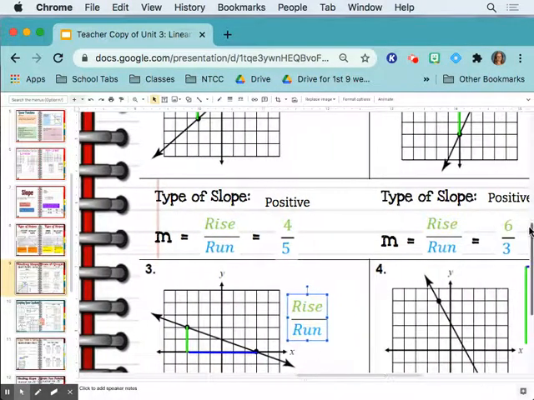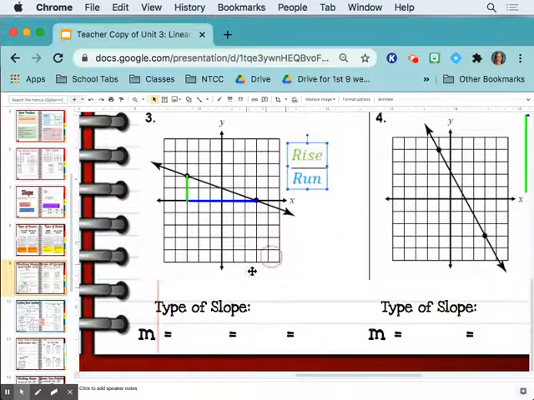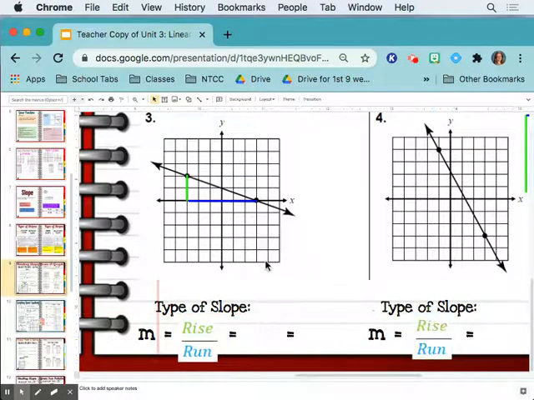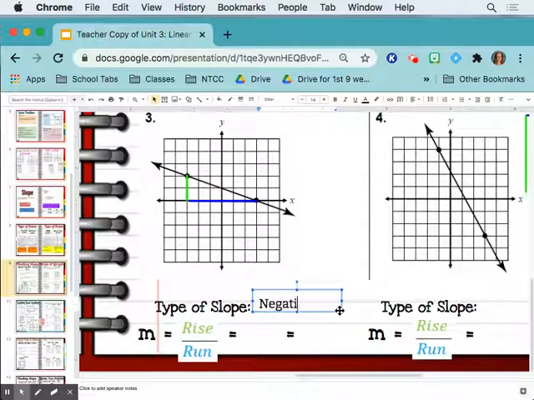We need that rise over run again, so that M equals rise over run. And then we know that this is a negative slope. So we're going to write negative there.